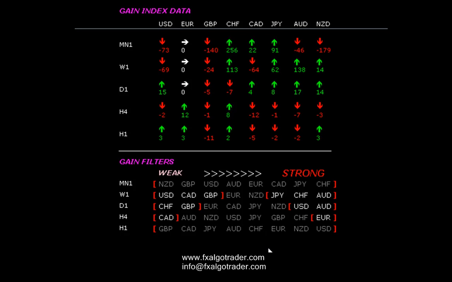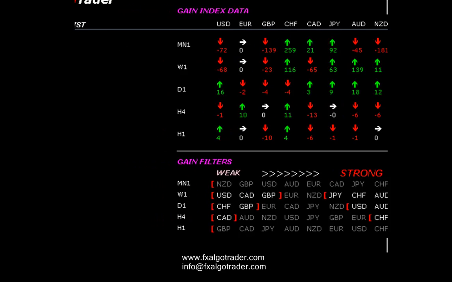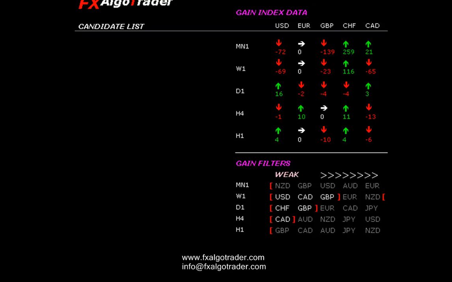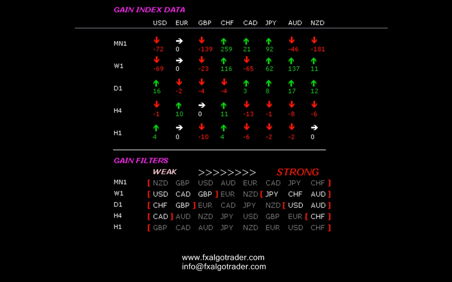Any currencies or pairs which satisfy all the filtered criteria will then be put into a candidate list, which is over here on the left hand side, and an email alert will be sent to the trader if the market conditions offer something suitable.